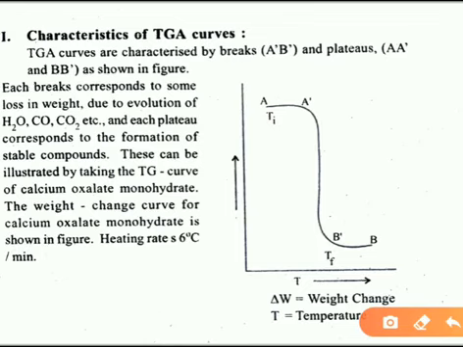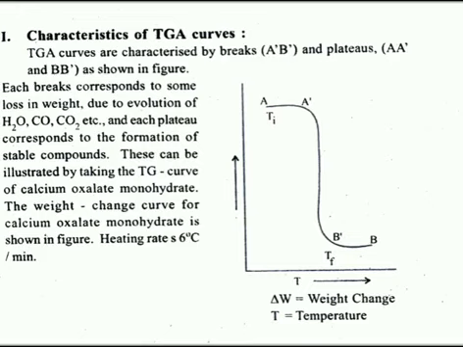These can be illustrated by taking the thermogravimetric curve of calcium oxalate monohydrate. We shall discuss it later. The weight change curve for calcium oxalate monohydrate is shown in the figure. Therefore, the thermogravimetric curve has two major parts: breaks and plateaus.